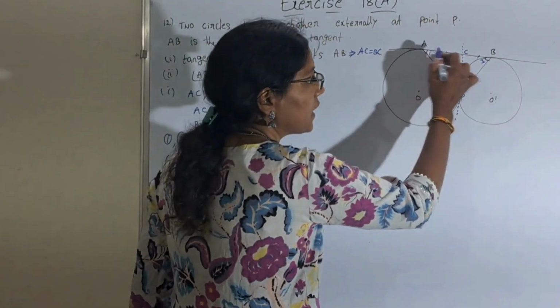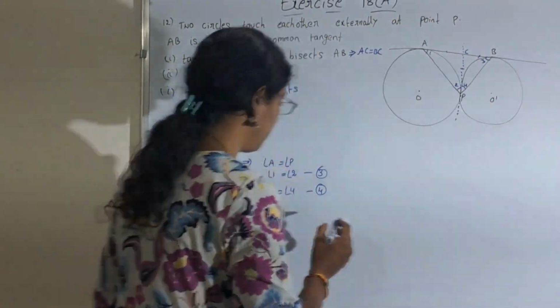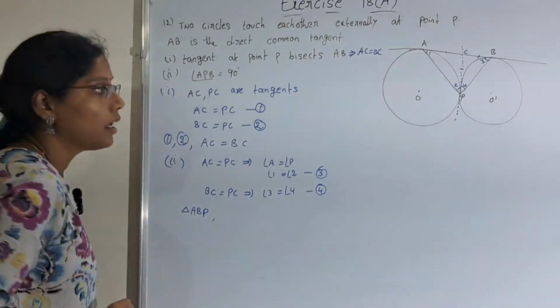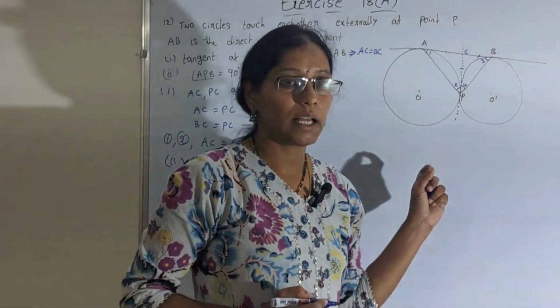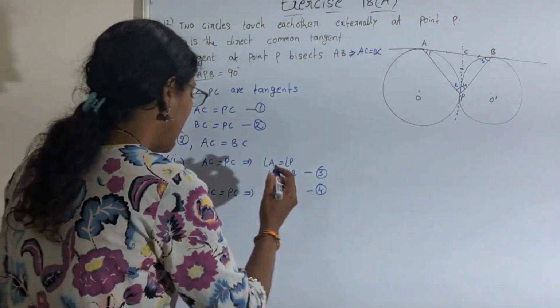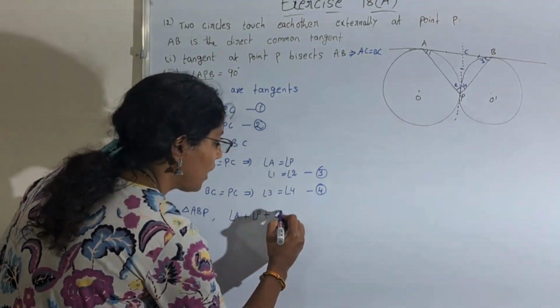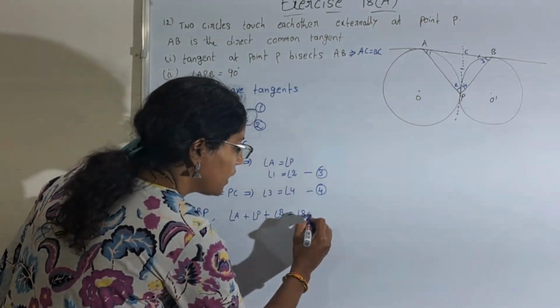Now we have to consider triangle ABP. In a triangle, the sum of all angles is 180 degrees. We have to use the angle sum property. Angle A plus angle P plus angle B is equal to 180 degrees.